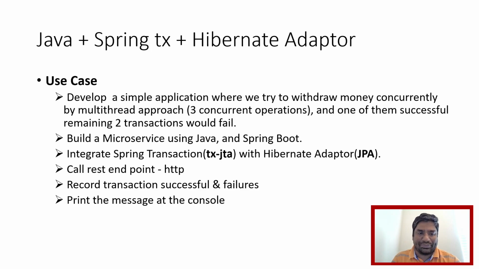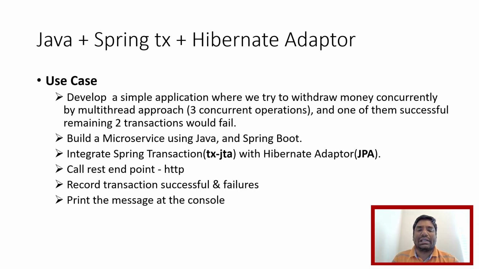How do I do it? I'm building a simple Java microservices based application. For the microservices implementation, I'm using Spring Boot. I'm integrating the Spring Transaction API with the Hibernate adapter.